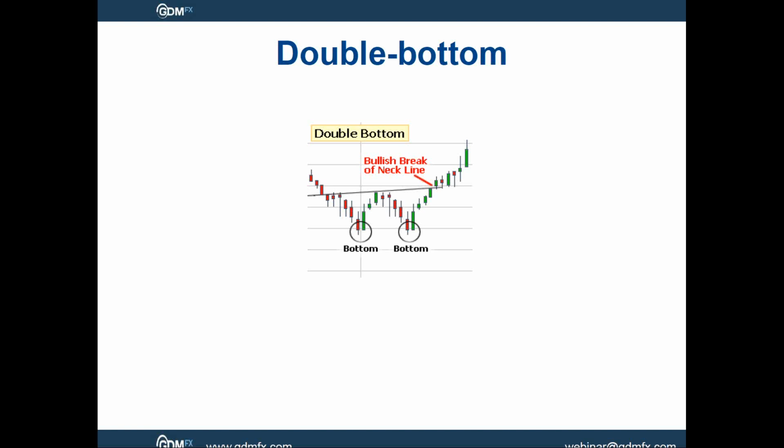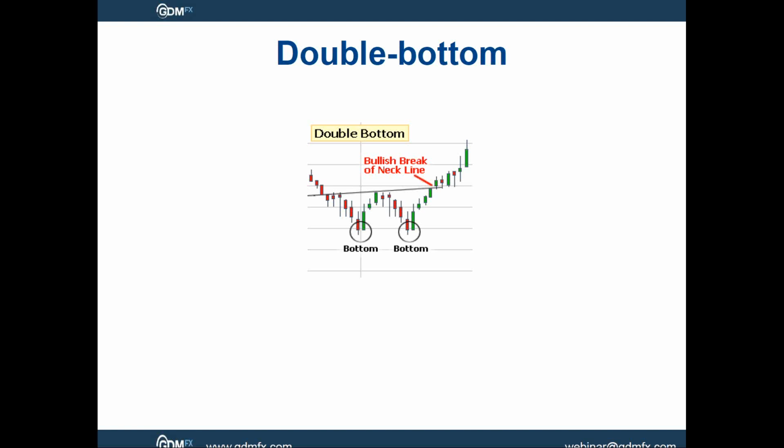It is actually quite the opposite chart pattern to the double top, as it signals a reversal of a downtrend into an uptrend. Now, this pattern closely resembles the shape of the letter W, the one that you see right now.